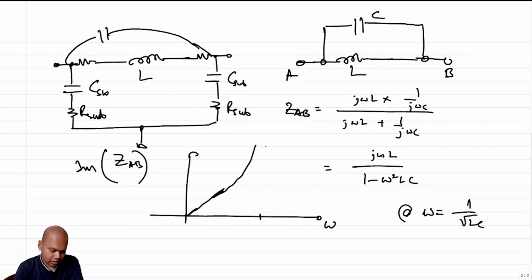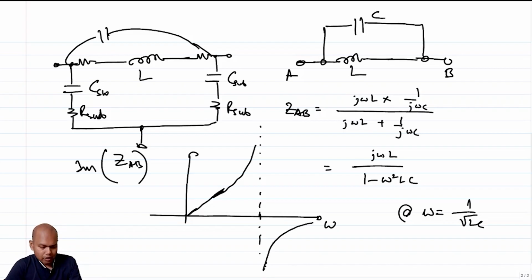And then at frequencies higher than 1 over under root LC, what am I going to see? It is going to start from minus infinity and come like this. And as omega tends to infinity, everything will converge to 0.